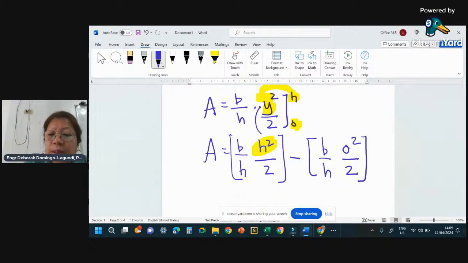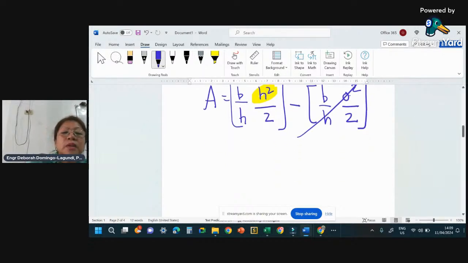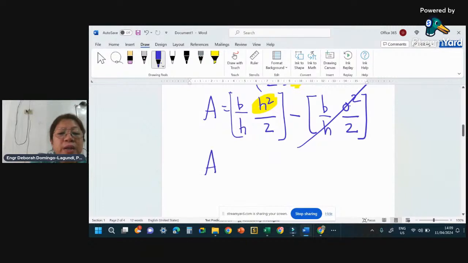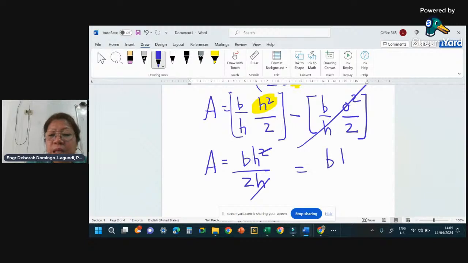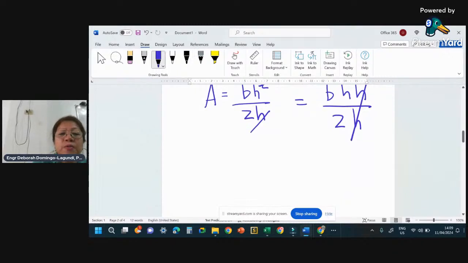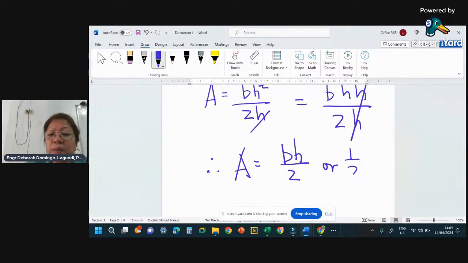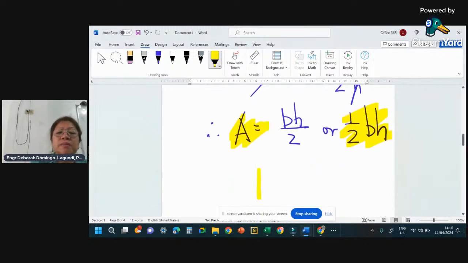Now 0 multiplied to anything gives you 0. So the only one left will be area is equal to b h squared over 2h. h and 2h cancel out because there are h's here. This is like b h h over 2h. h cancels out. Therefore, area is equal to b h over 2, or it can be written as 1/2 b h. That's what it means. All right, bye.